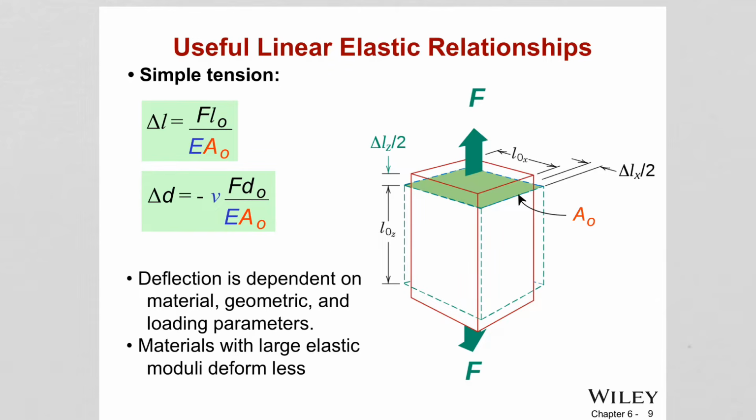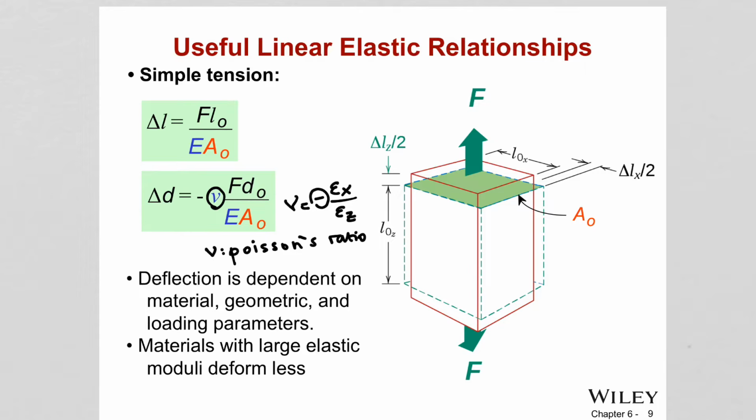So there is a property called Poisson's ratio. We show it with a symbol V. By definition, the Poisson's ratio V in this equation is equal to the lateral strain over the z direction strain. Okay, and there is a minus sign.